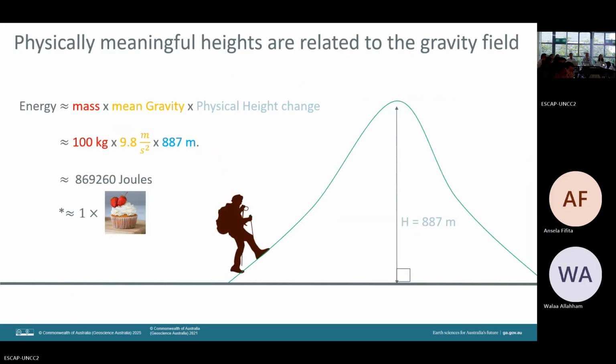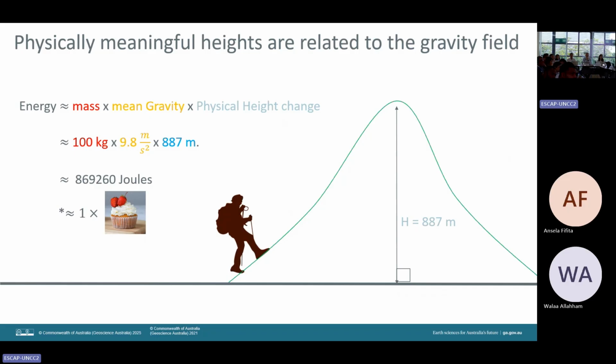Okay. So for heights to be physically meaningful, to be used to model water flow and all of those other applications, they need to be related to a gravity field. More accurately, they need to correspond specifically to the amount of energy needed to move within the Earth's gravity field and overcome the local forces of gravity pulling us downwards.